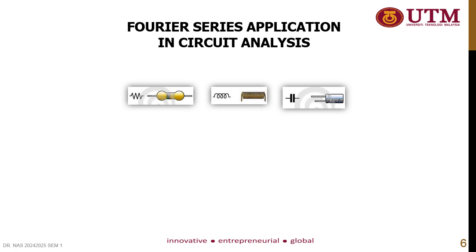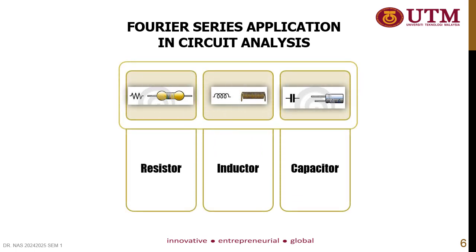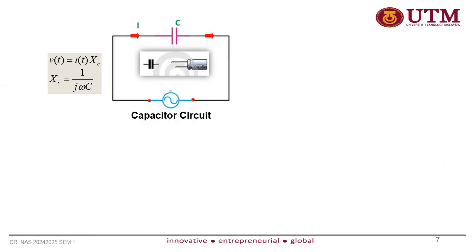And now let's look at the analysis of Fourier series in a circuit. We're going to discuss passive components in a circuit, including resistor, inductor, and capacitor. Let's have a quick recap of circuit theory. When you have a simple circuit like this, the voltage equation is equal to V(t), which is the current I(t) multiplied by the impedance, in this case a capacitor.